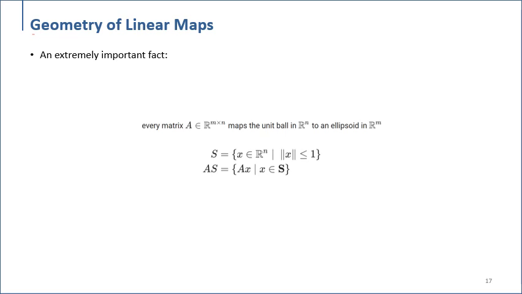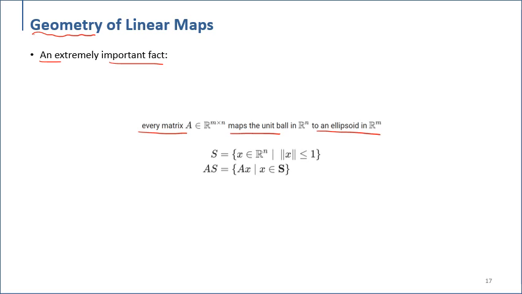So from the geometry of linear maps, an extremely important fact is that every matrix maps the unit ball to an ellipsoid. So here, this is just the same as what we discussed earlier.